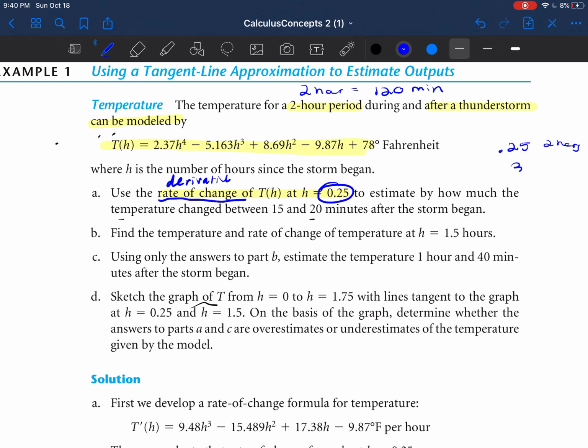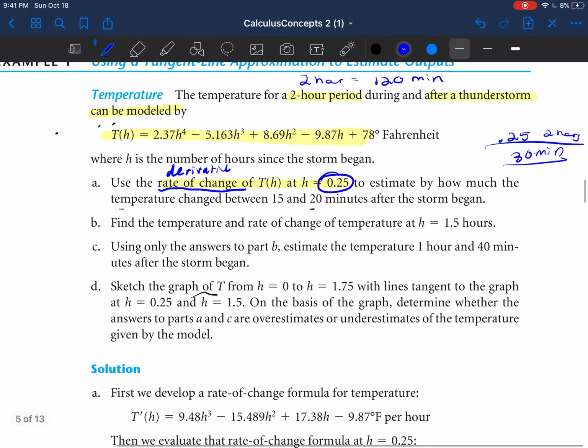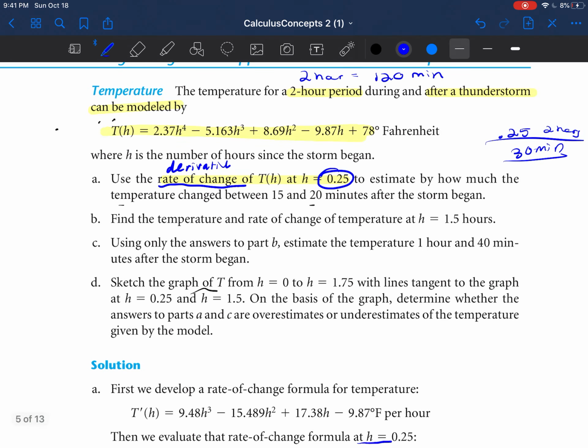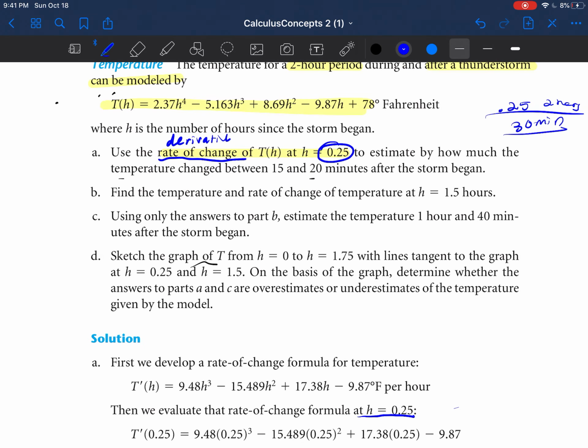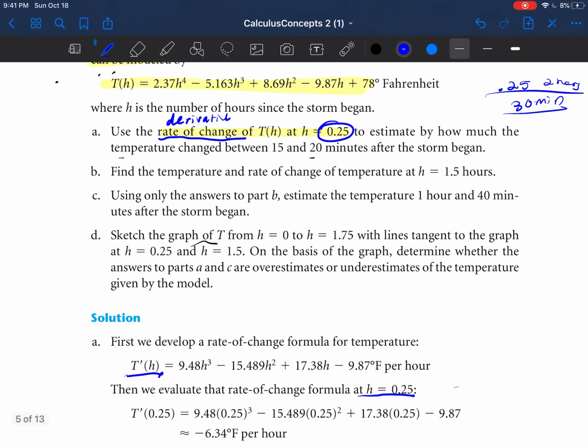That's 30 minutes. Okay, this is just good notes to always do. Then we evaluate the equation for 0.25. So you plug 0.25 into the derivative, right? And then you get this. So that's the rate of change instantaneously.